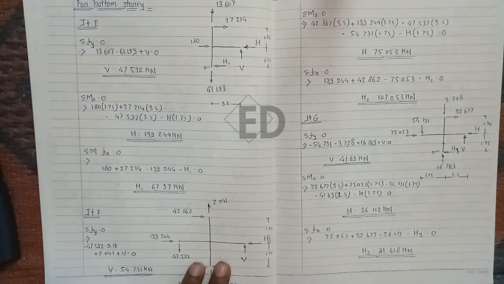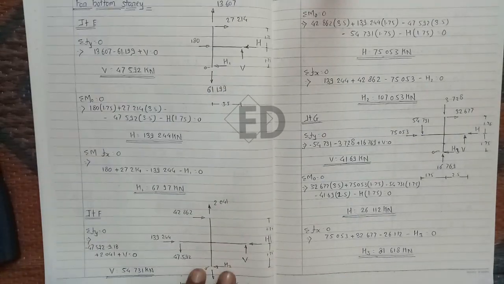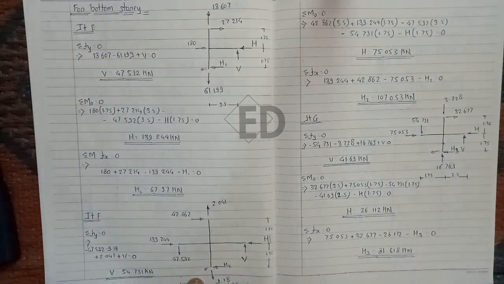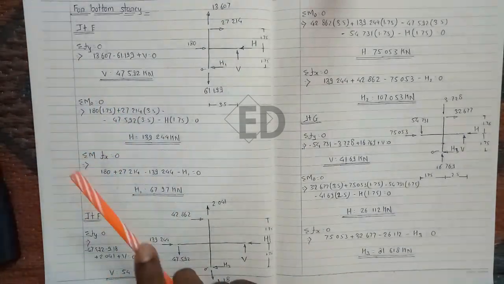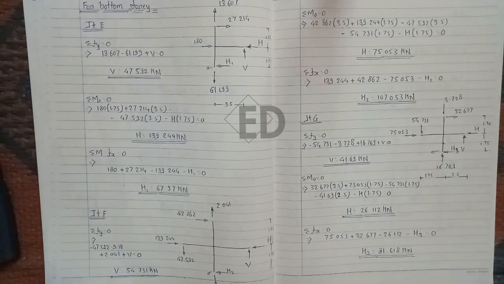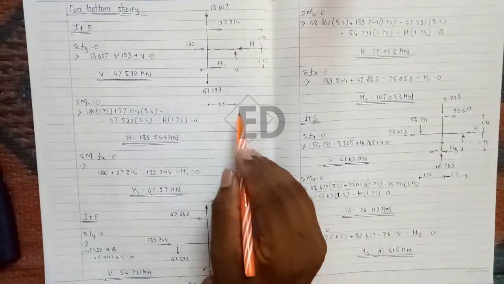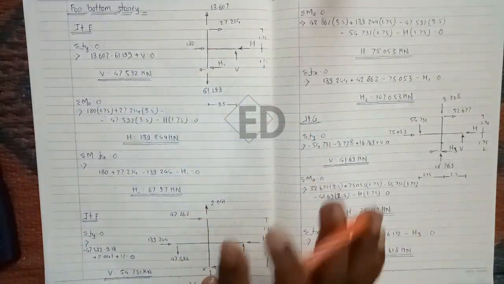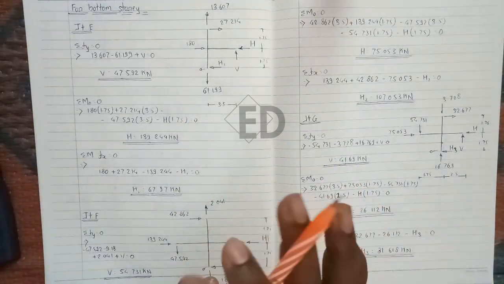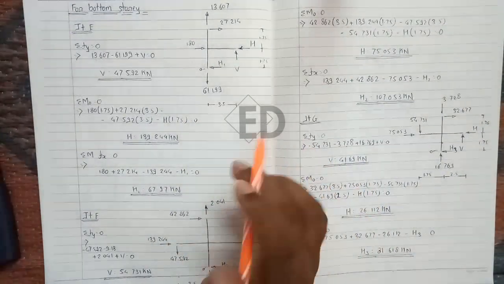Now moving towards the bottom story, the same calculation: summation of Fy equals to 0, summation of moment equals to 0 and summation of Fx equals to 0. Just concentrate on this figure. If you draw this figure accurately, you are going to get accurate answers.